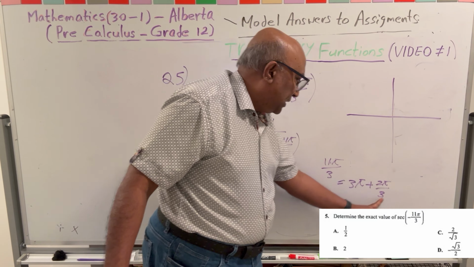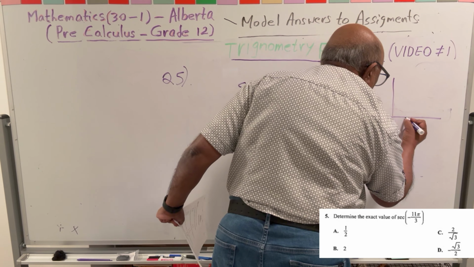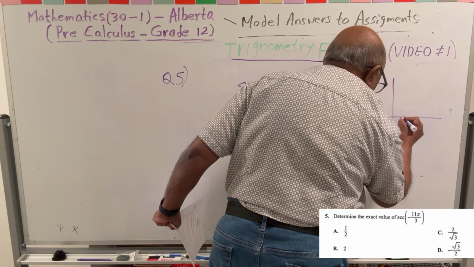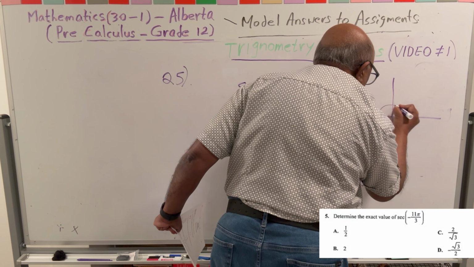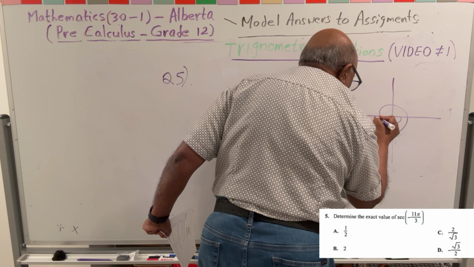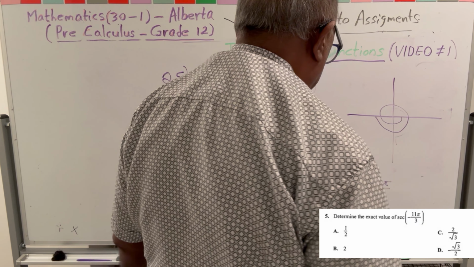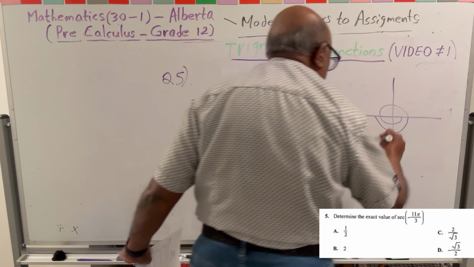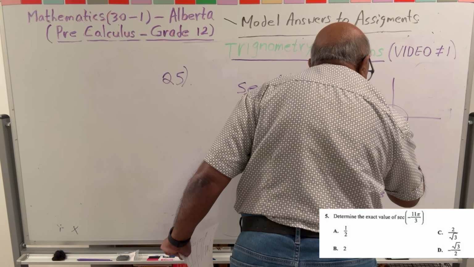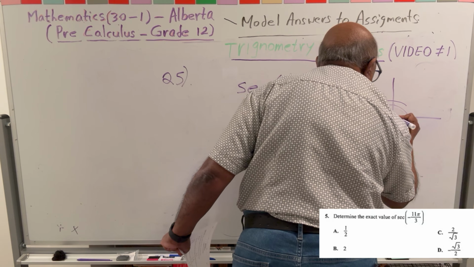Okay, let's work out this angle. 3 pi, but negative 3 pi. We have to move in this way. 2 pi, another pi, 3 pi, then we have to move another angle, somewhere here.